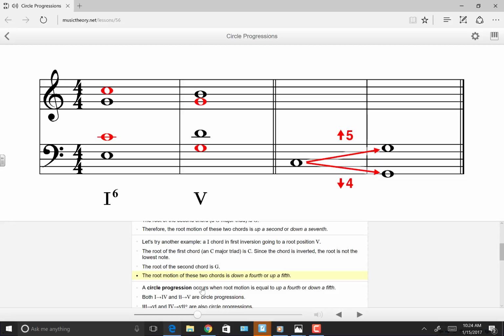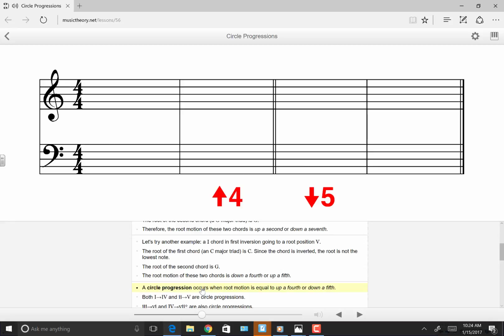Now we're going to talk about circle progressions. And did you memorize that telephone number? 473-6251. Keep that in mind. So a circle progression occurs when root motion is equal to up a 4th or down a 5th.